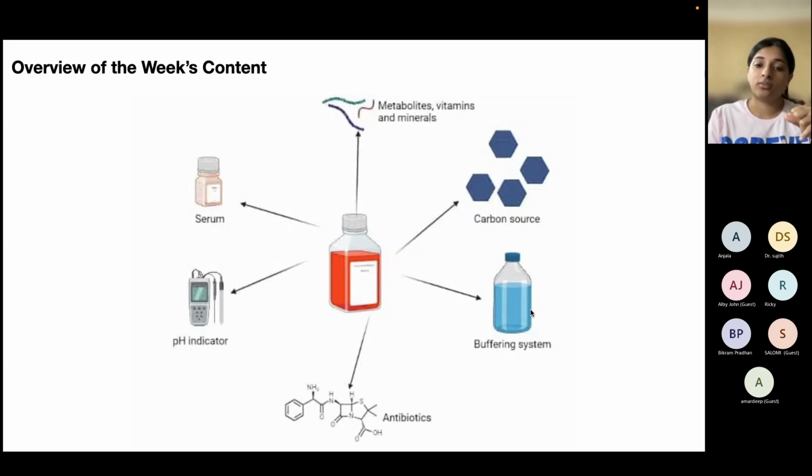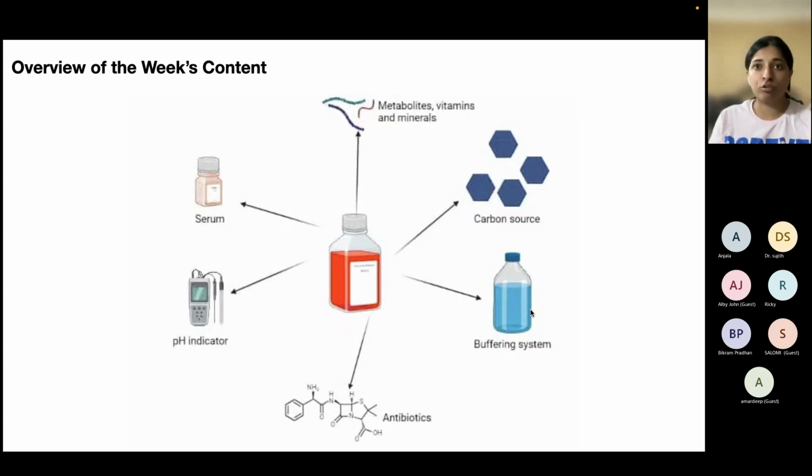Again, if you've heard about it, cells are placed in a CO2 incubator, which means they cannot be placed in an incubator that has 100% oxygen. That is toxic to the cells. So we always maintain a 5% CO2 level in the incubator. That is where cells will survive.